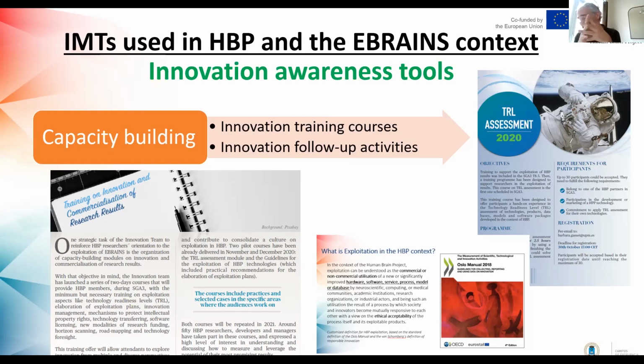This present course, the innovation management course, is the fourth of a series of courses that we will continue during HGE3. For example, after summer, we are planning to deliver something related to research funding, and something related to technology intelligence, a more profound course than the slides that we will present tomorrow.